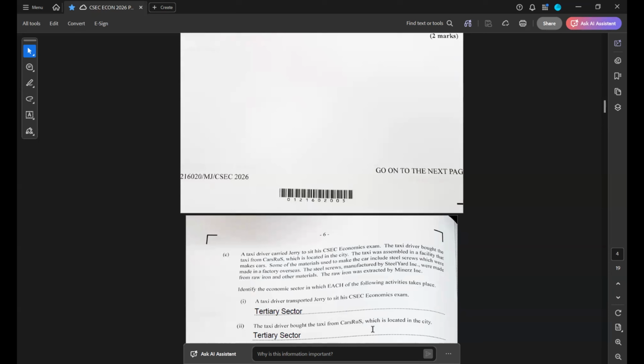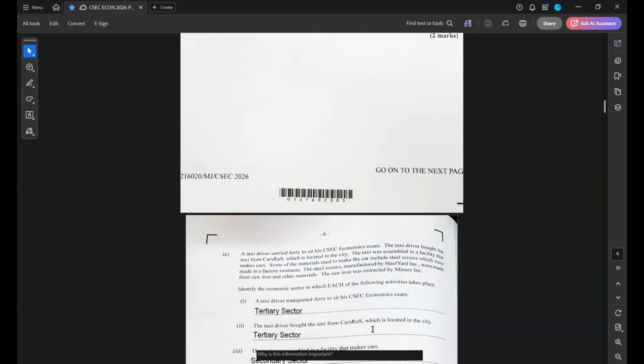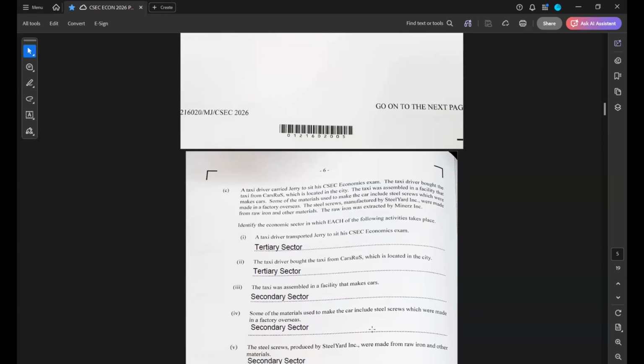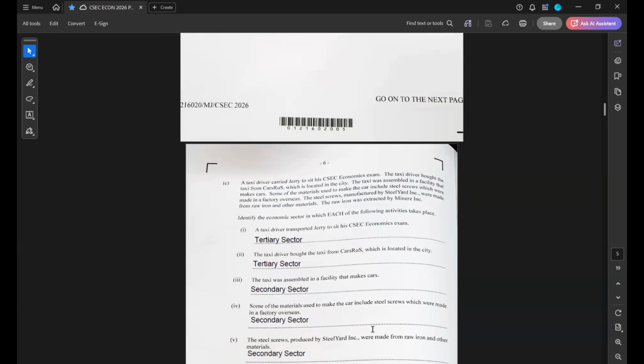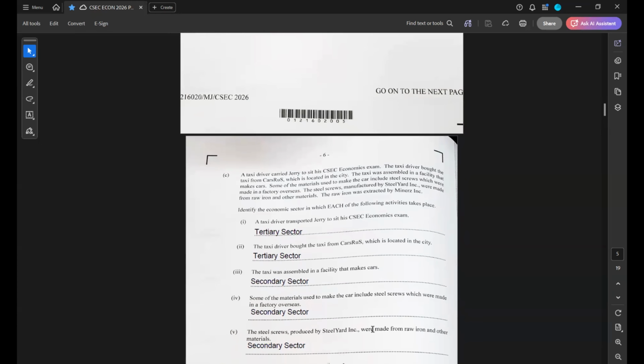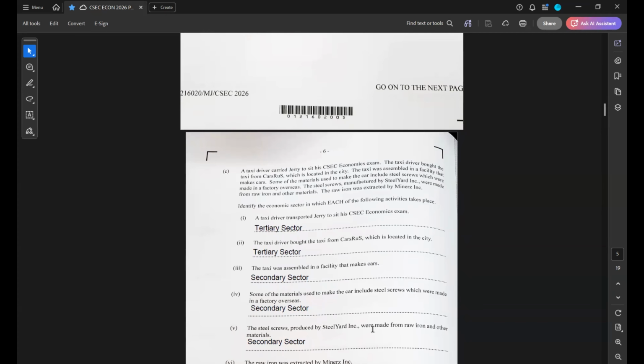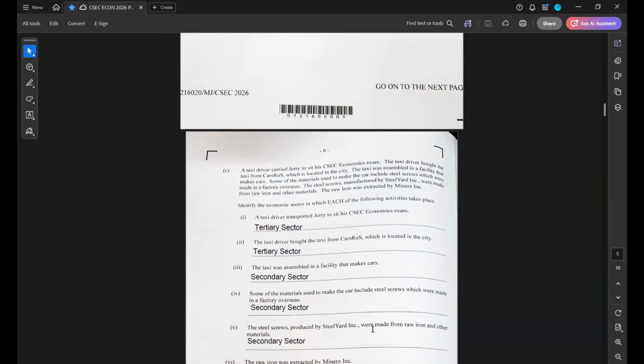A taxi driver transported Jerry to sit his CSEC economics exam, that belongs to the tertiary sector. The taxi driver bought the taxi from Cars R Us, which is located in the city. That's a tertiary sector activity. The taxi was assembled in a facility that makes cars. That is a secondary sector. Some of the materials used to make the cars include steel screws, which were made in a factory overseas.